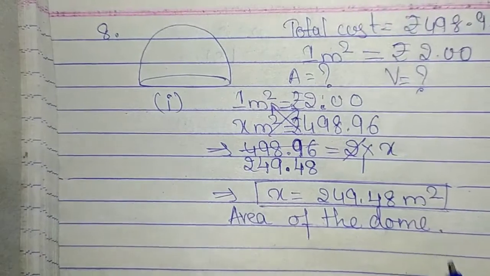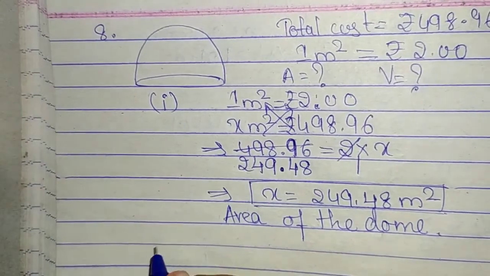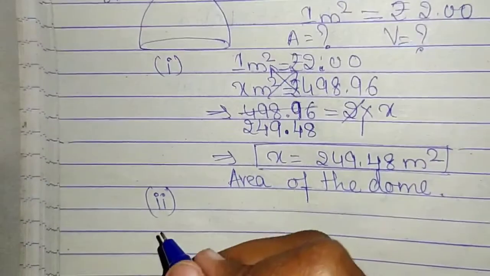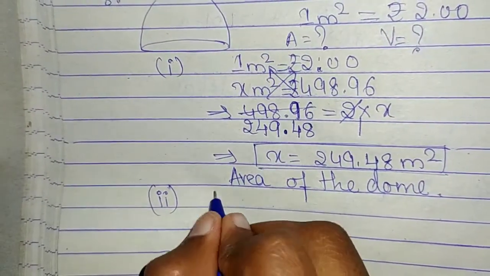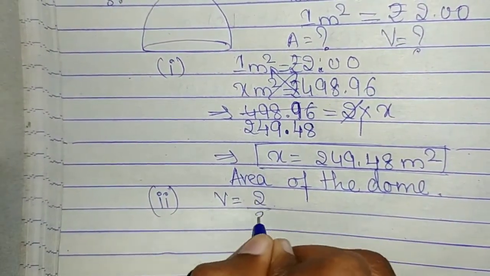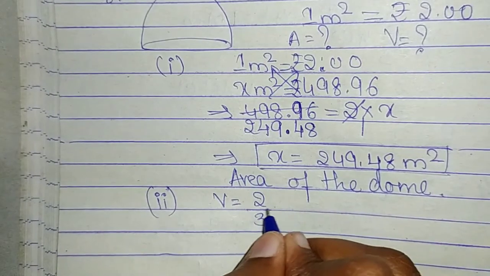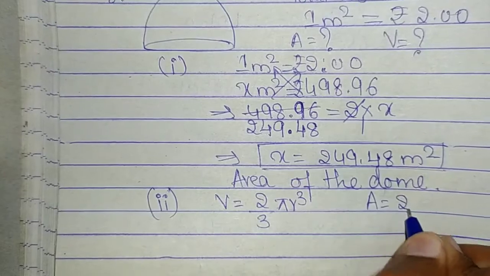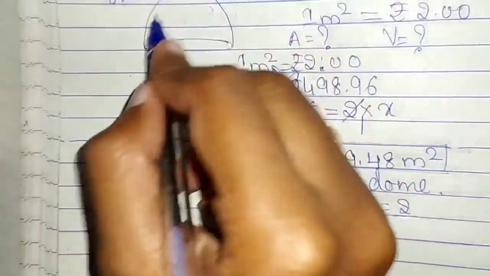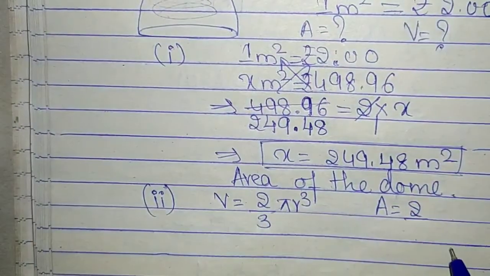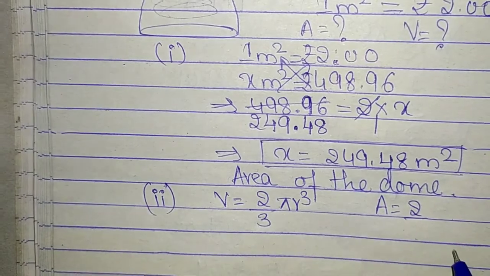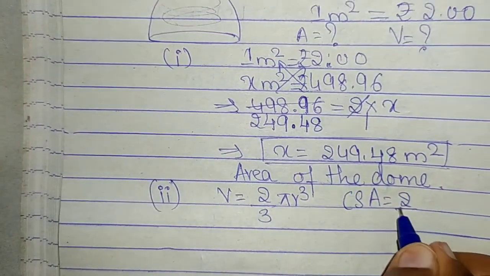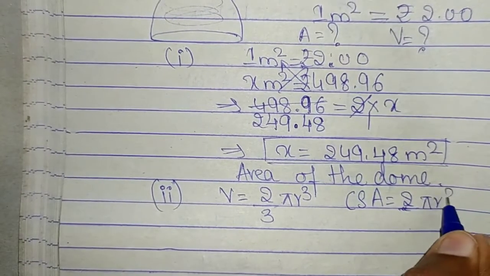So now to find the volume, we first need to find the radius of the dome. We know the volume of the hemisphere is 2 by 3 pi r cube, and the curved surface area, since the inner walls have been painted, so we are only dealing with the CSA of the dome, which is equal to 2 pi r square.